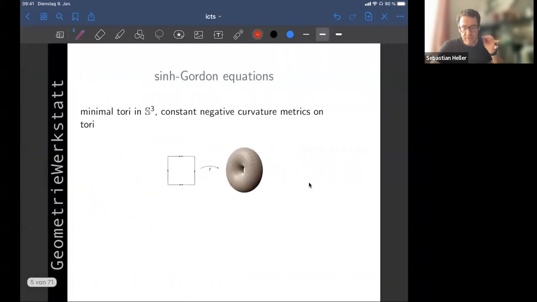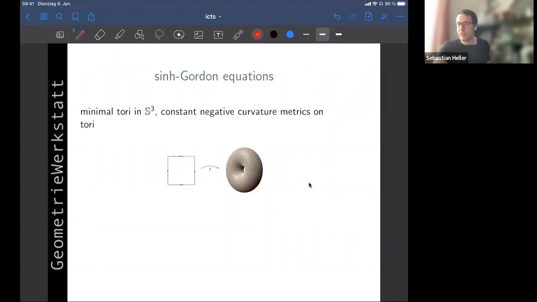Let me describe one particular instance where this works really nicely. It's that of the so-called sinh-Gordon equation, and it occurs with different signs. There are basically two main important subcases. One is that of minimal tori in the 3-sphere.